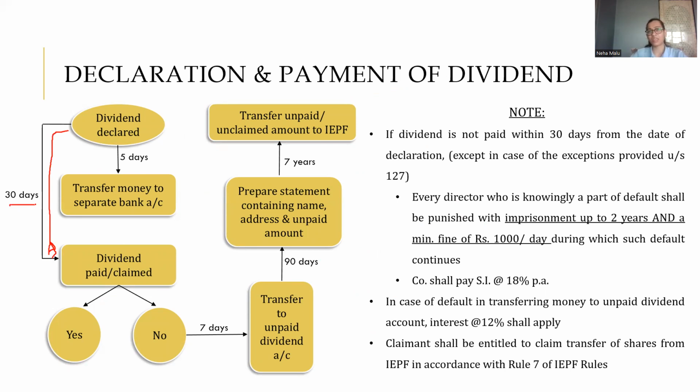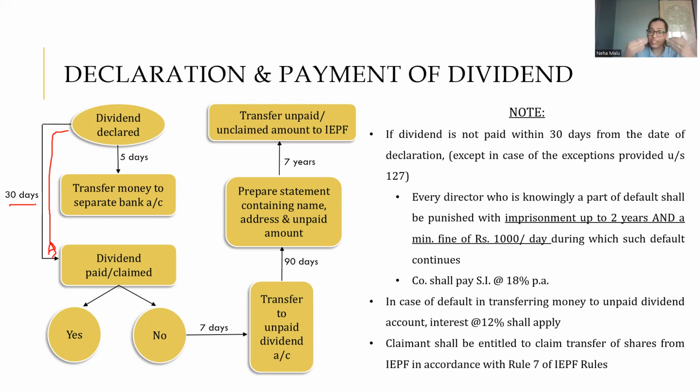For example, the company has adjusted the amount of dividend against some amount that was unpaid on the shares, or because of operation of law, or in certain exceptions provided under Section 127. Otherwise, the company has to pay the dividend within 30 days of its declaration.